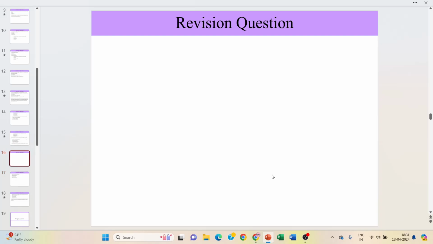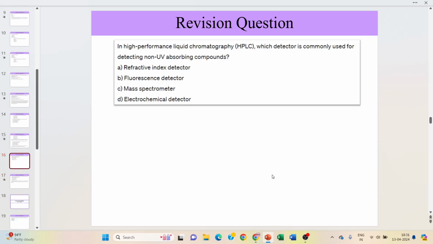So what about this question? HPLC, high performance liquid chromatography, contains a detector used for detecting non-UV absorbing compounds. So this is again a question on your protein purification, overexpression and purification, HPLC and other chromatographic techniques.